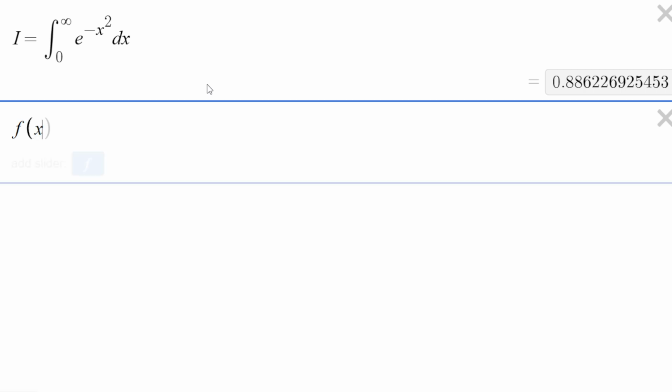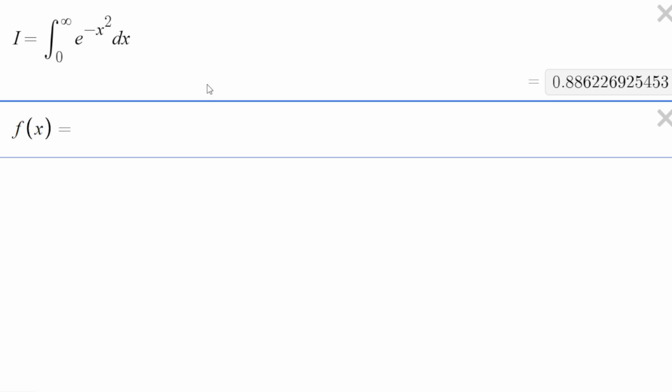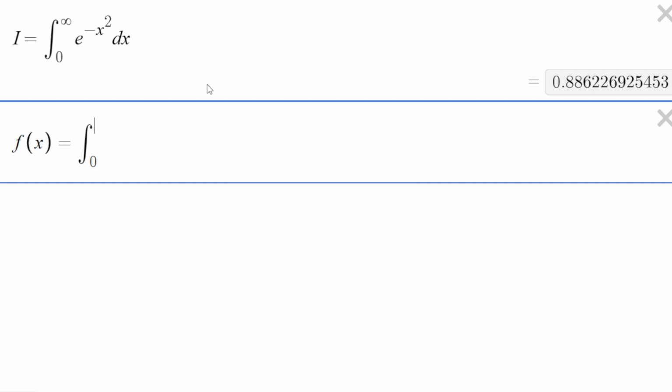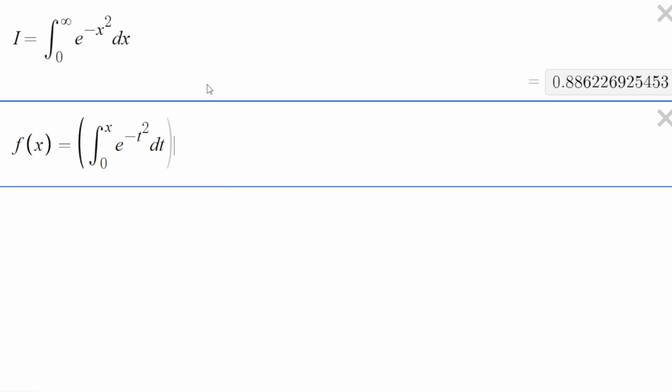So our first thing is we're going to define f of x to be the integral from 0 to x of e to the negative t squared dt, squared. All right, this is just the setup.